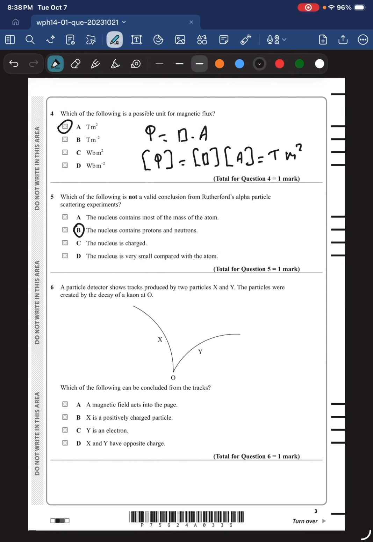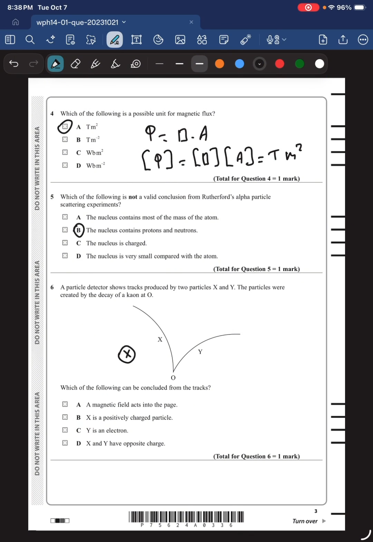Now, option A, a magnetic field acts into the page. So if it acts into the page, we cannot conclude anything from this because we don't know the charges of X and Y, so it doesn't matter if it's in or out.